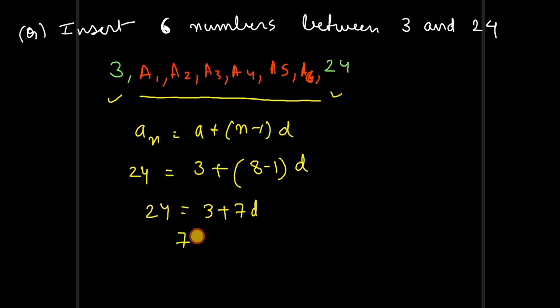To be more precise, 7D is equal to 24 minus 3, that will be 21. D will be 21 by 7, that will be 3. So we got D as 3.